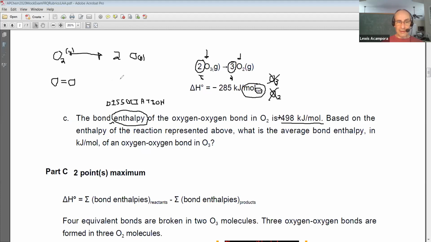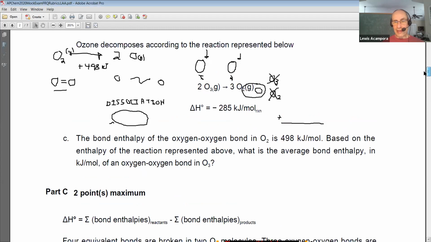So I'm going to get an oxygen atom and then another oxygen atom, and these are quite far apart. Then I would have to put in 498 kilojoules of energy for every mole of oxygen that took the break. So that's what that represents. Anyway, okay, moving on.